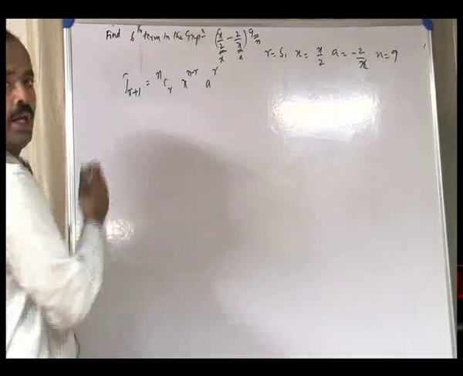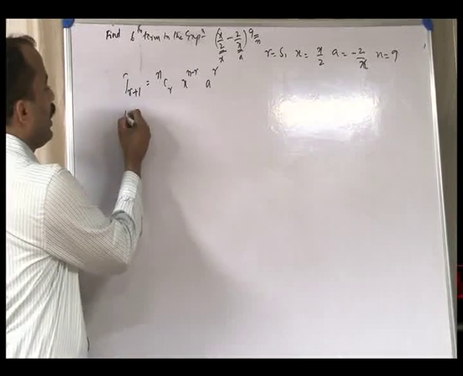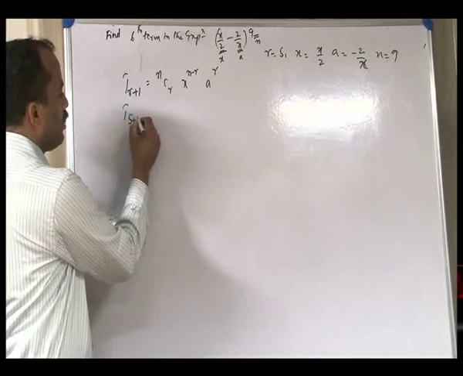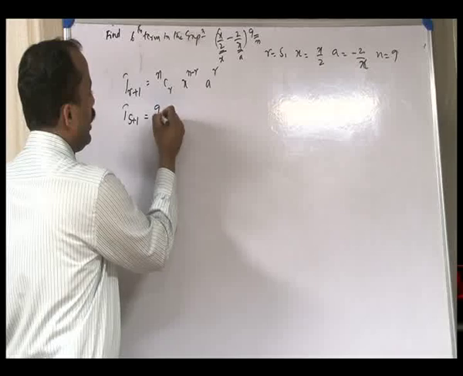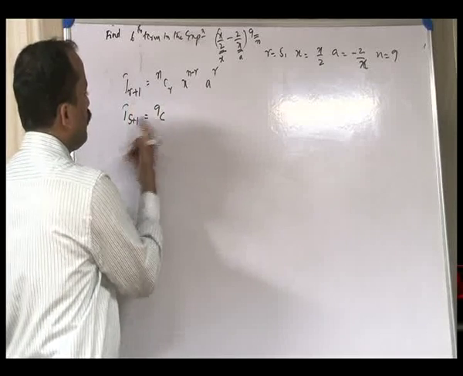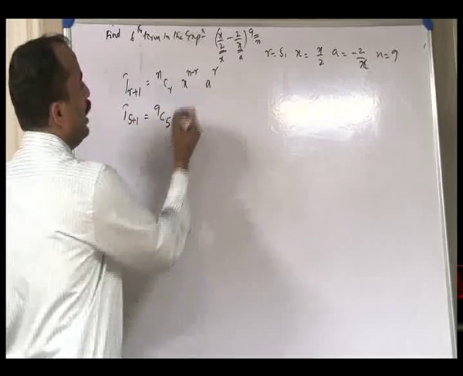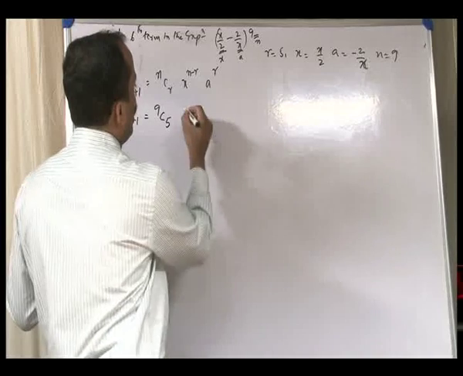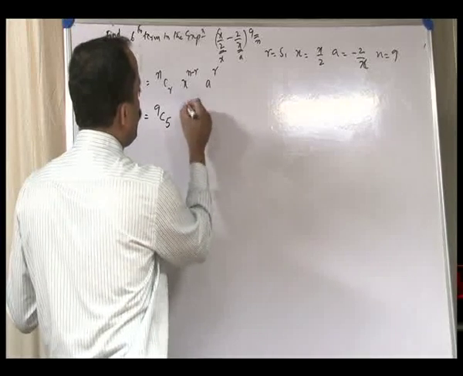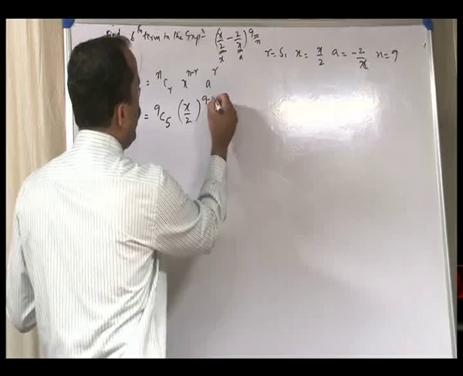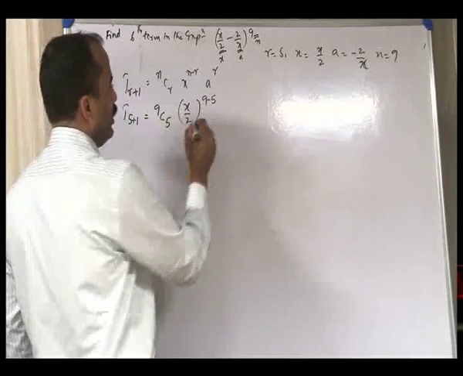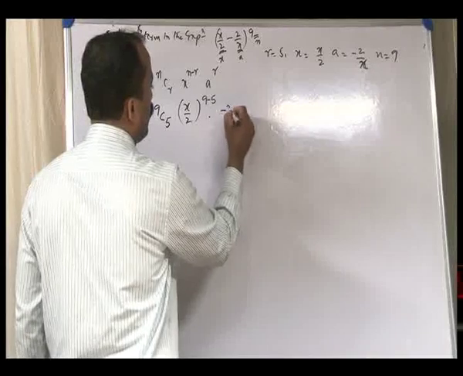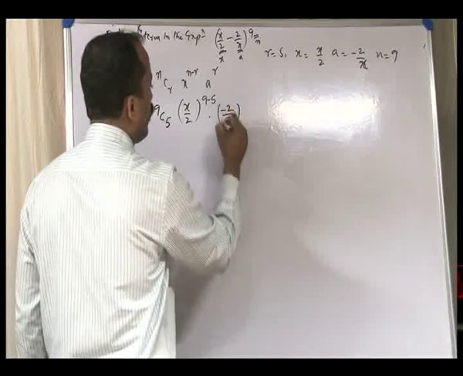Now, T r plus 1 is equal to T 5 plus 1 is equal to nCr, what is n? 9C, what is r? 5. 9C5 into x power n minus r, that is x by 2 to the power of 9 minus 5, into a, what is a? Minus 2 by x to the power of 5.